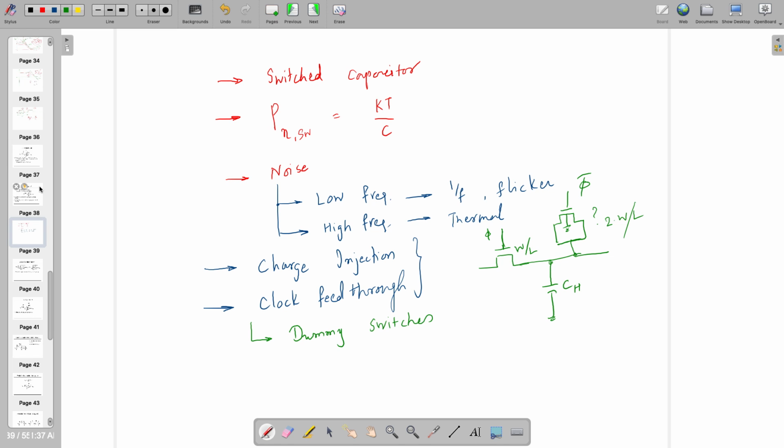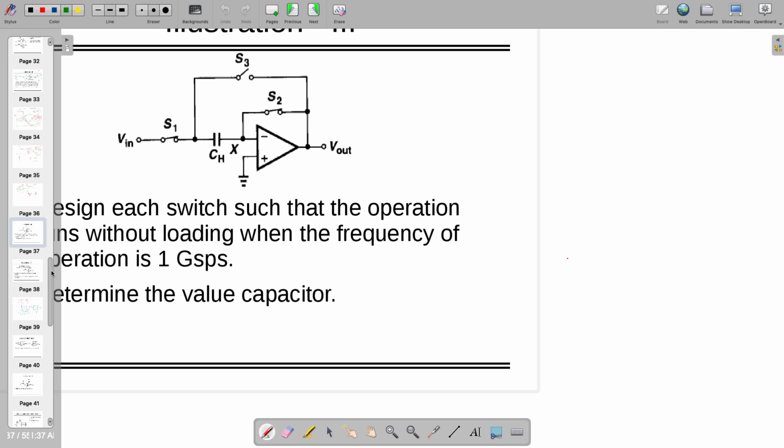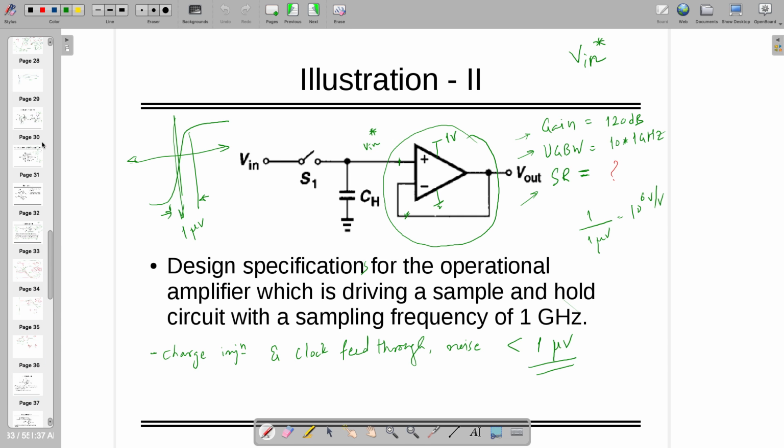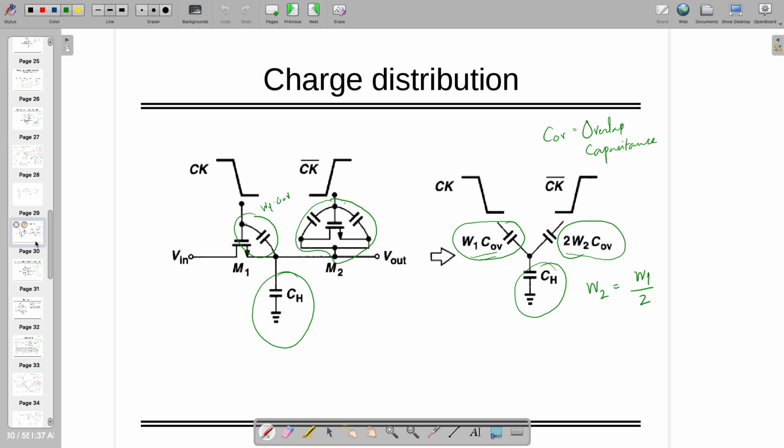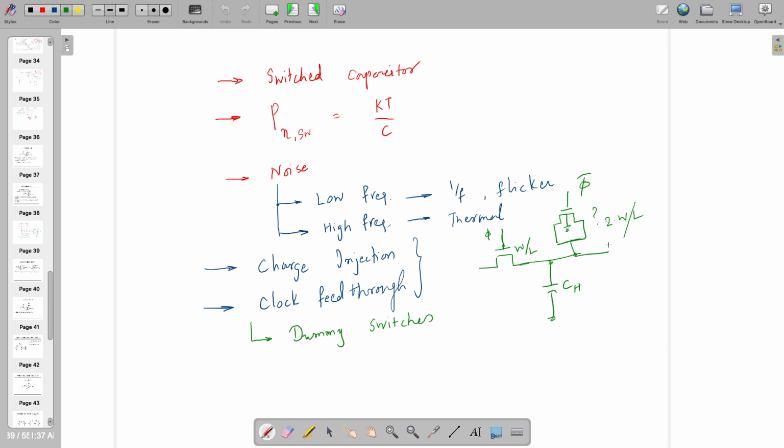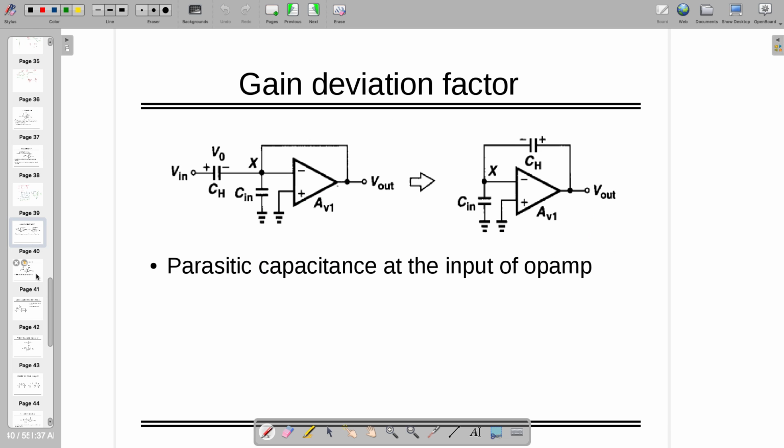Is it double or half? Sorry, W2 has to be half of W1. One can double the length also. Both are the same, right?